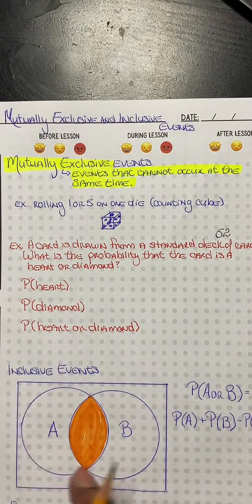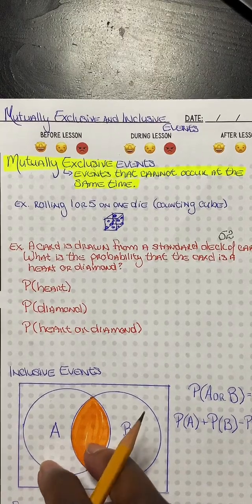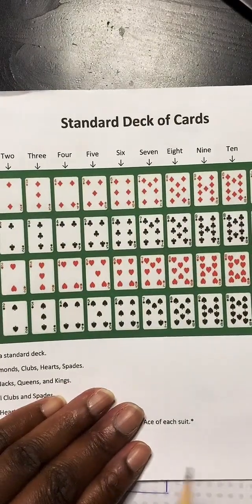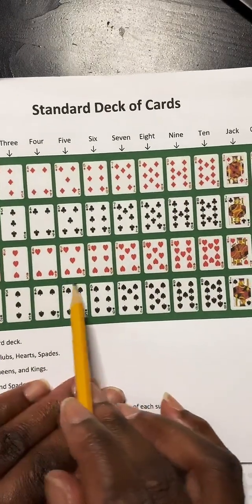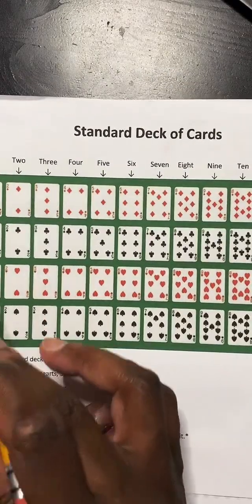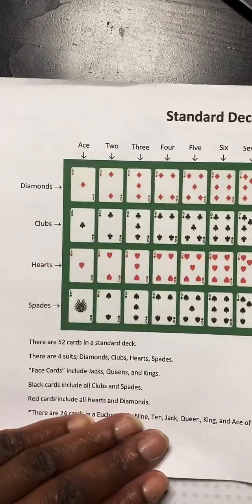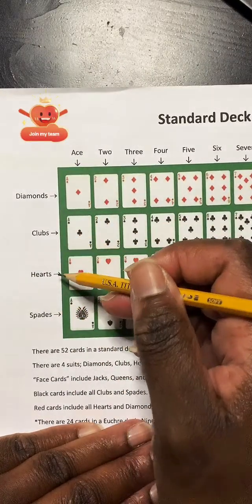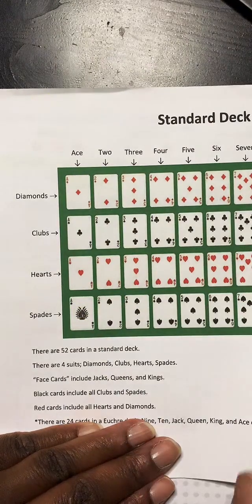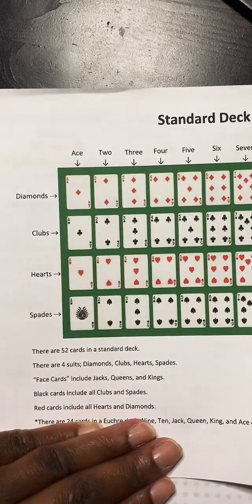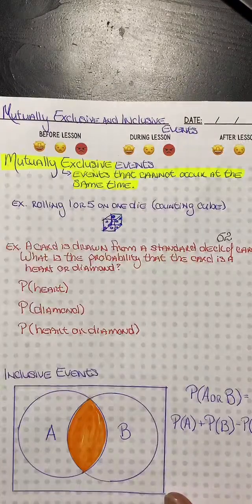Probability that it's a heart, going back to my chart, as I mentioned, with all the hearts, there are 13 of them. Each suit has 13 cards in it: your diamonds, your clubs, your hearts, and your spades. So each of them has 13 cards.